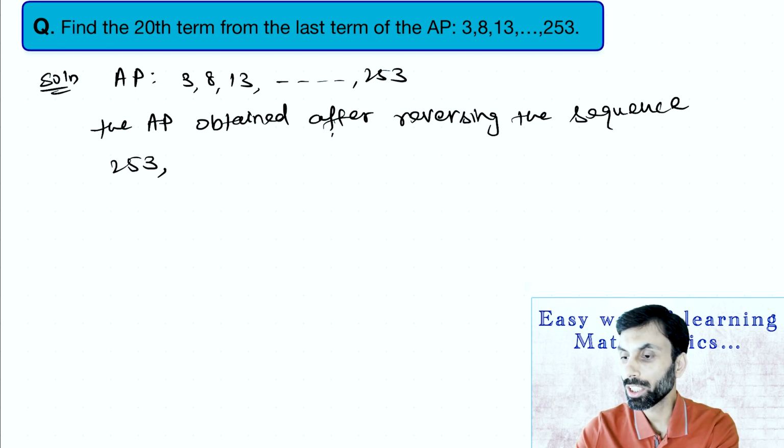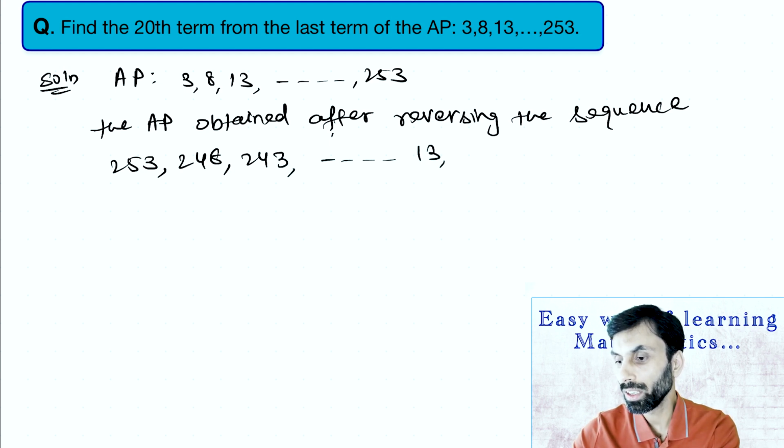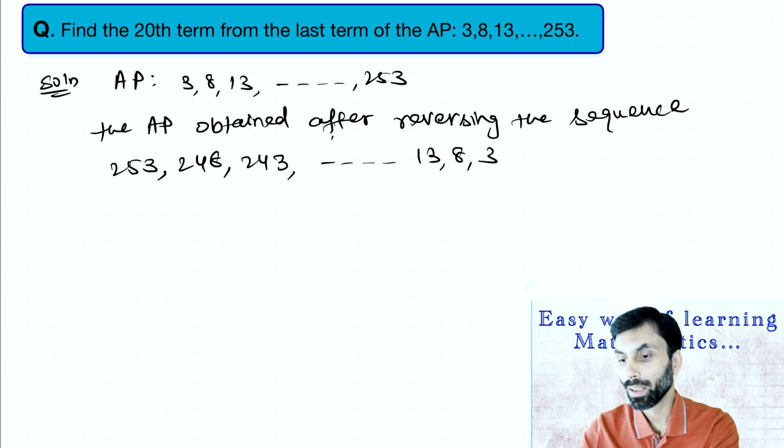Then the term just before it will be 248. So we can write here 248, 243 and so on, down to 13, 8 and 3.